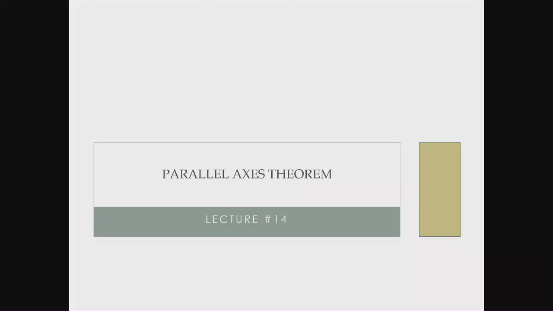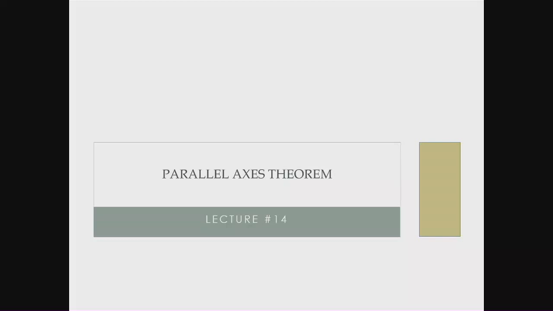So what we were doing most of the time, we were talking about H, H about G and H about O. And in both of these cases, there was the inertia tensor, either about G or about O. So the idea is that you can transition between them instead of recalculating from scratch.